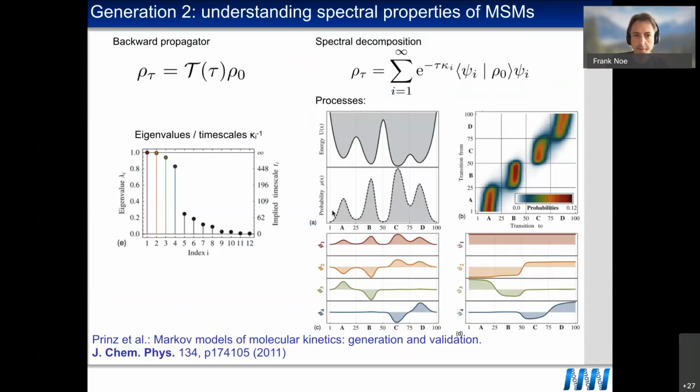Now, if we look at the spectral decomposition of the dynamics on this energy landscape, it has 4 eigenvalues, and the eigenvalues are, in fact, these things here. So e to the minus tau k, that's an eigenvalue. 4 that are close to 1, and then there's a gap, and then many fast ones.